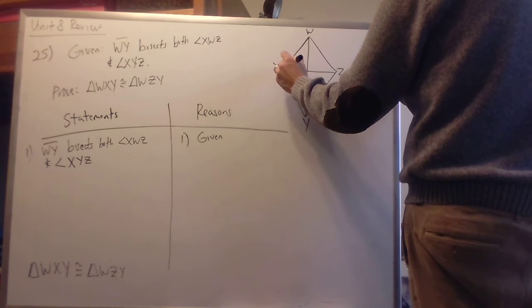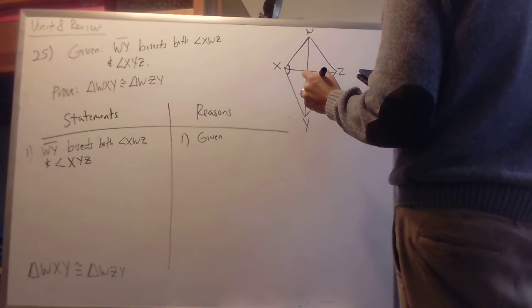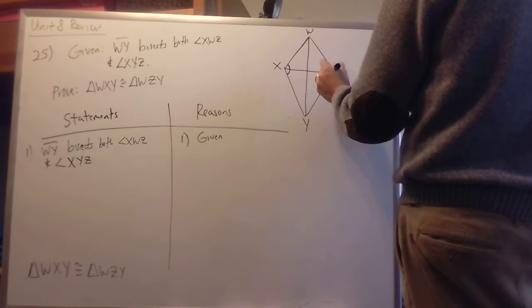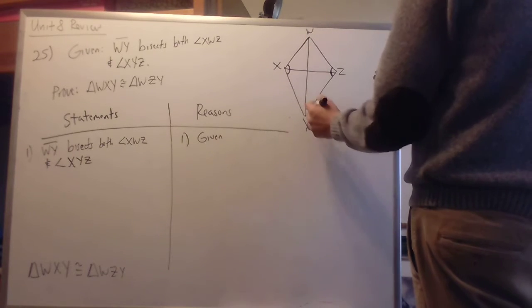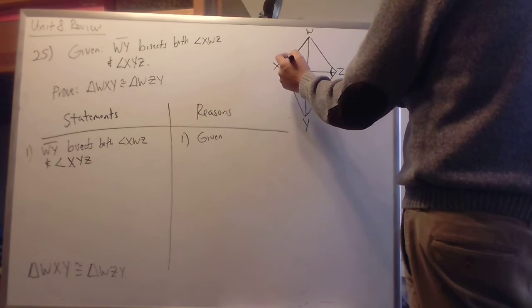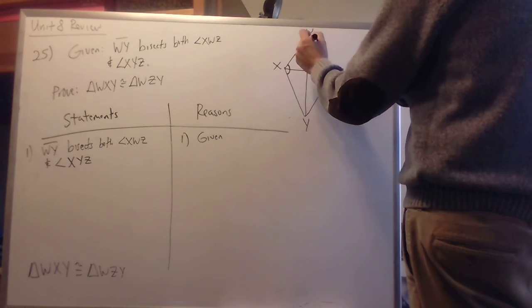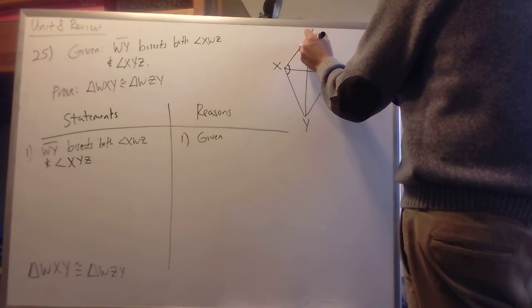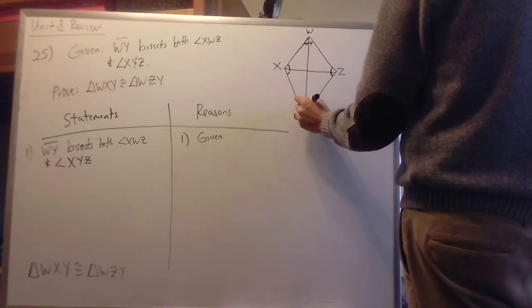So we know that WXY, so this angle right here, is congruent to WZY. I always want to basically label what's given. And then we also know that WY bisects both XWZ and then also XYZ. So that means that this angle right here and this angle right here are congruent to one another.